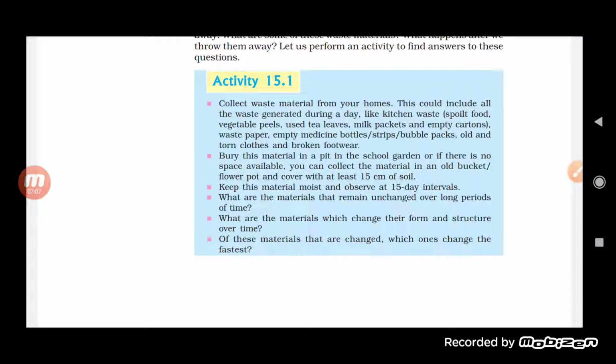Such kind of material we say remains unchanged and is non-biodegradable. So on that basis we have given the names: one is biodegradable and the other is non-biodegradable. Non-biodegradable will not change its structure, but biodegradable will change its structure.